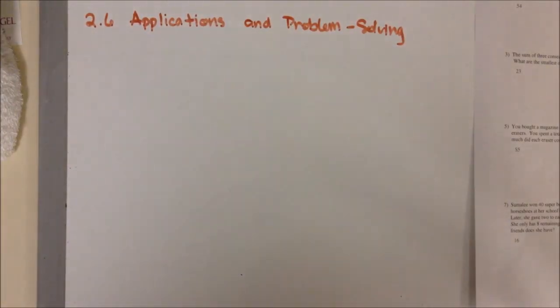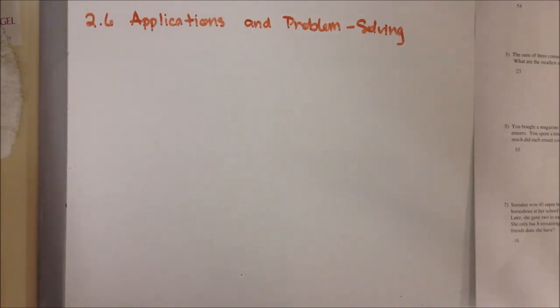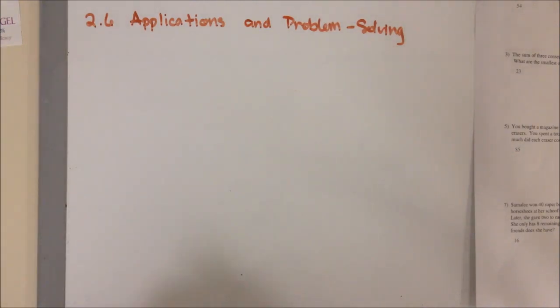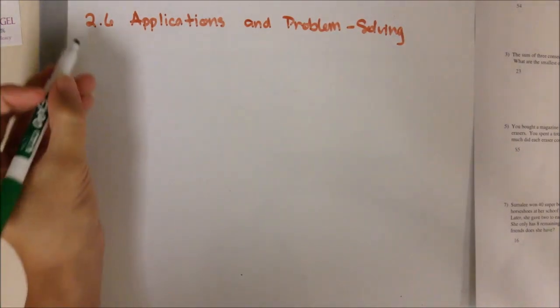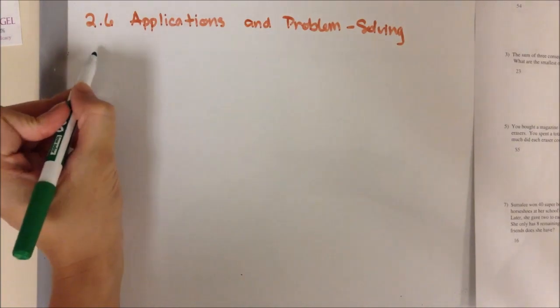To review, it says that Aaliyah had $24 to spend on 7 pencils. After buying them, she had $10. How much did each pencil cost? So we're going to write out our information. This one's going to be a bit different.